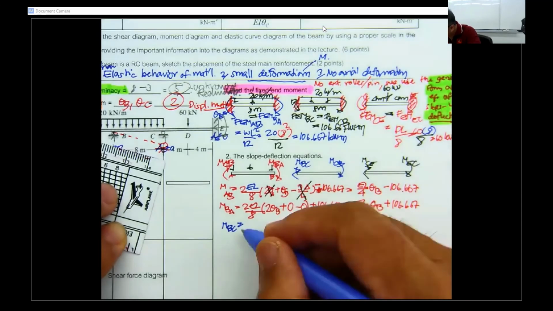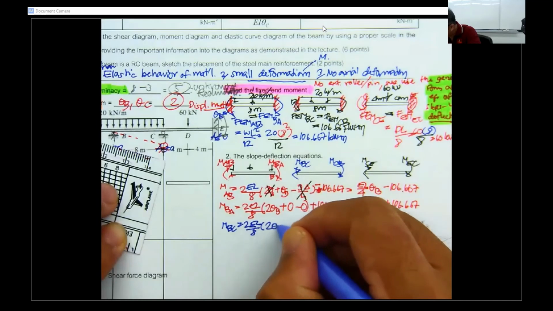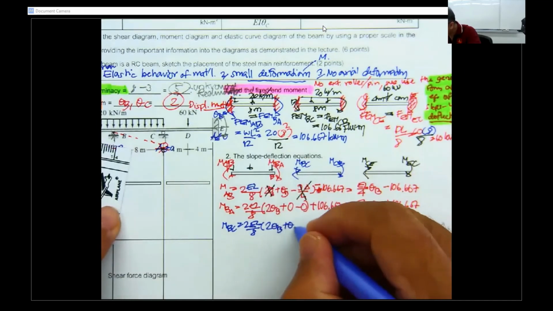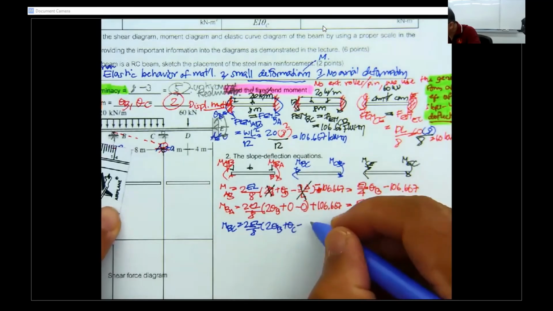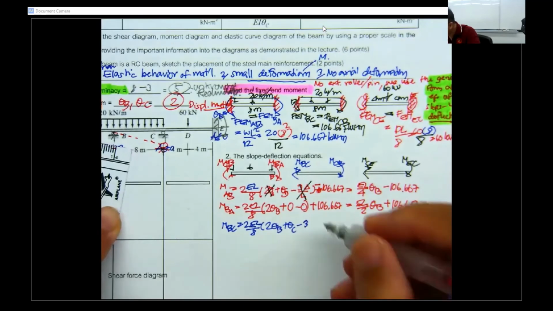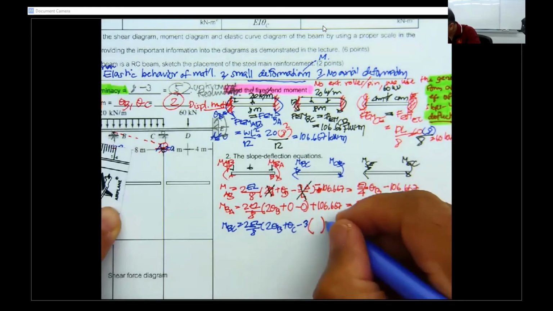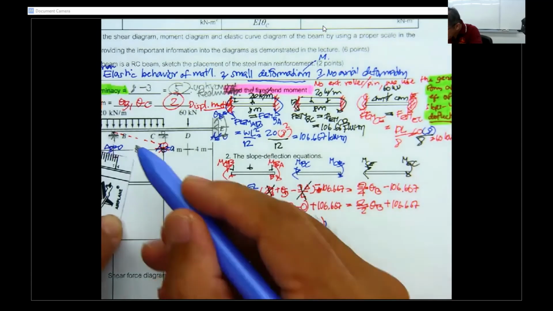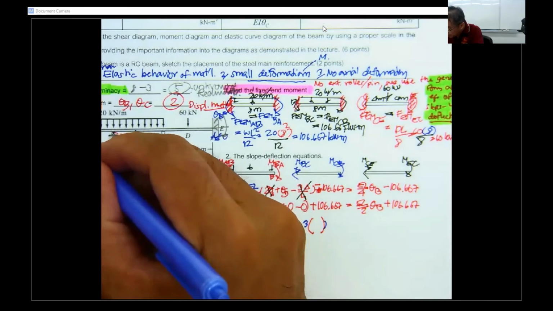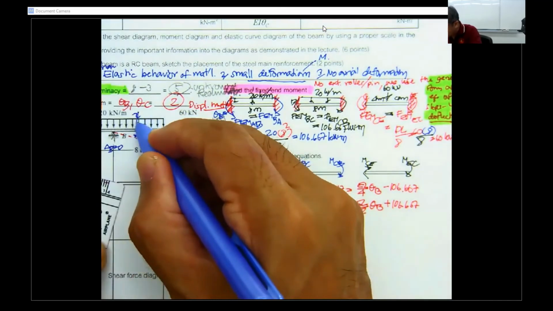It's going to be 2 EI over 8 times 2 theta B plus theta C and minus 3 times the term delta over L. Okay, let me put this. And then we have this one is the rotation. So this is going to be the angle phi.